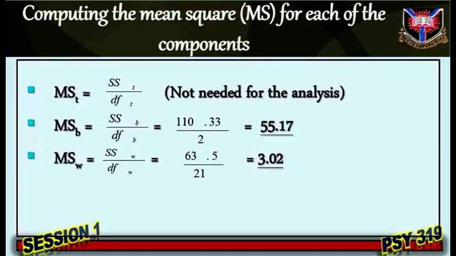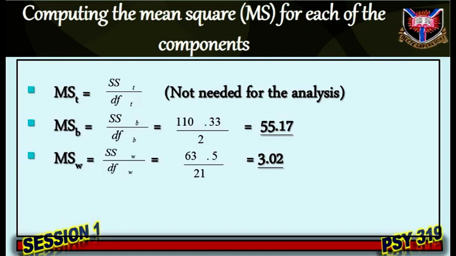Compute the mean square, MS, for each of the components. MST is equal to SST over DFT, not needed for the analysis. MSB is equal to SSB over DFB is equal to 110.33 over 2 is equal to 55.17.